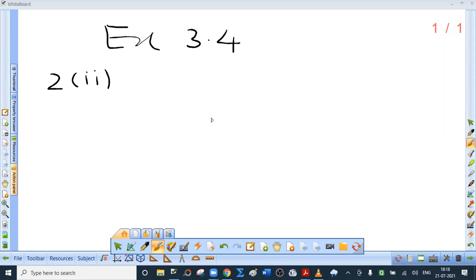Prove that sine 6x plus sine 4x minus sine 2x equals 4 cos x into sine 2x into cos 3x. Okay. So I begin with left hand side.